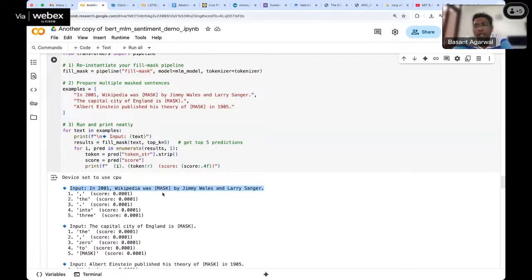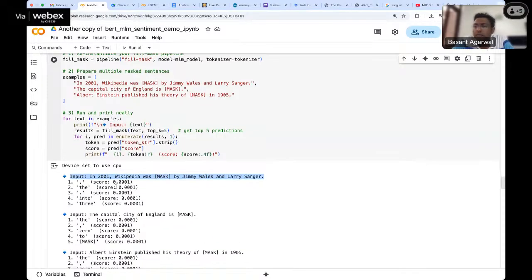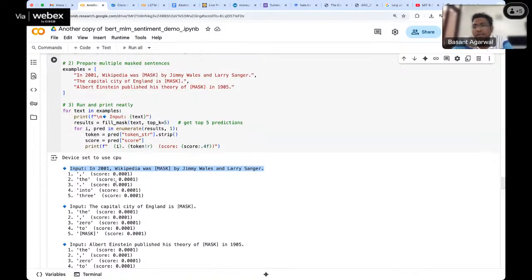But since we have not done very proper training of the model, you can see that the words are predicted based on their probability. Once you have very good training of the model, these will start giving better outcomes. But this is the code where you can see the word being predicted by the BERT model.